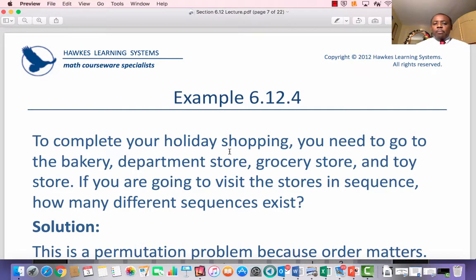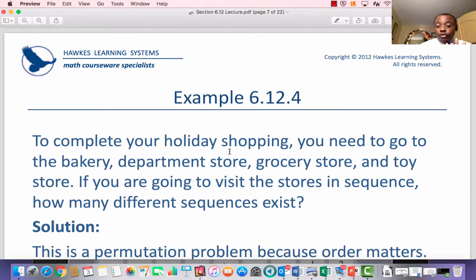Example, to complete your holiday shopping, you need to go to the bakery, department store, grocery store, and toy store. How many stores? 4. If you are going to visit the stores in sequence, how many different sequences exist? This is just like the 5 textbooks that you want to place on a shelf. You want to visit 4 different stores.